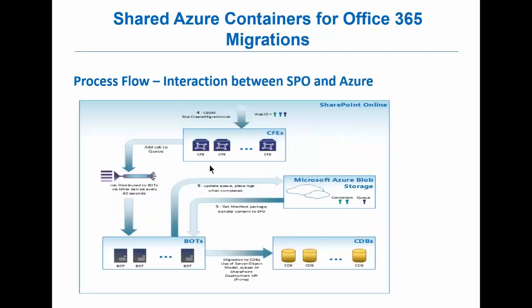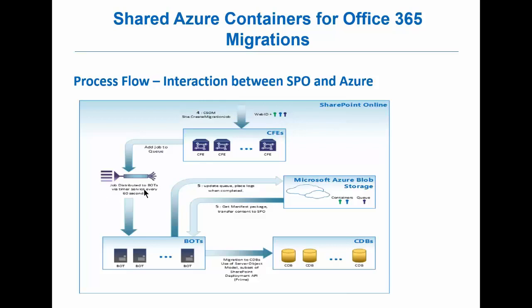All right, so on this slide, I'm showing you the interaction that happens between SPO and Azure. Once we submit the migration job, as you can see, the content front ends will be handling the migration job.